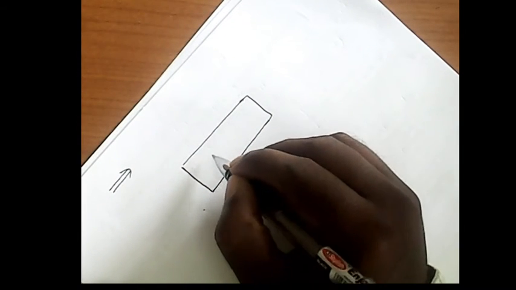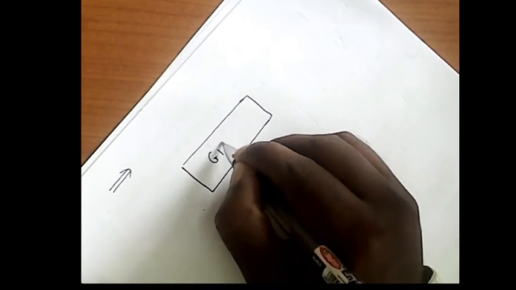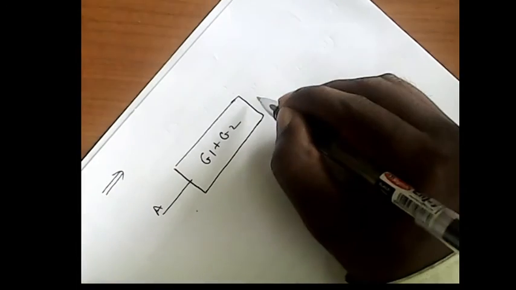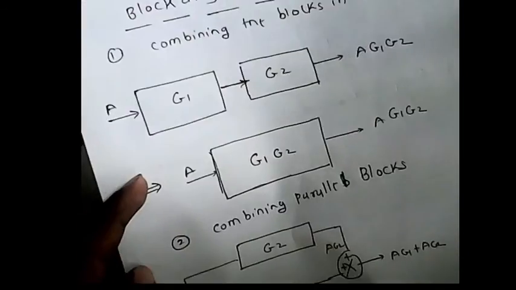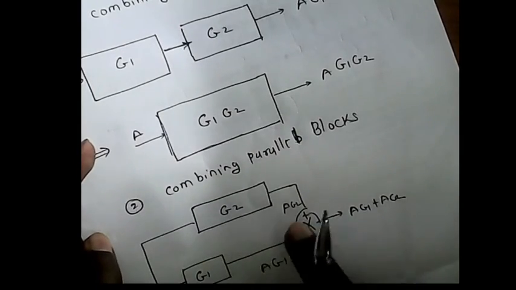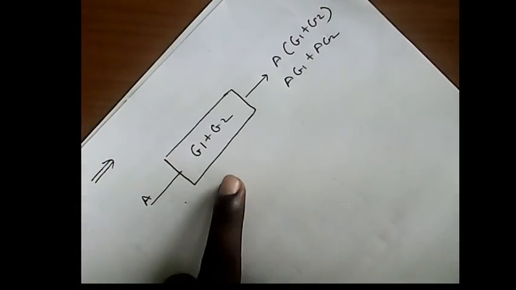How is that possible? See here. When two blocks are in parallel, we can represent them as a single block by adding the two block gains, G1 plus G2, with input A, and the output is A into G1 plus G2, which is AG1 plus AG2 after simplification. The output is the same as before when we reduce these parallel blocks, by adding the two block gains.